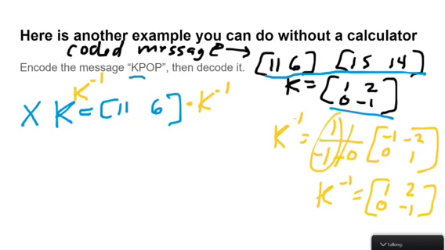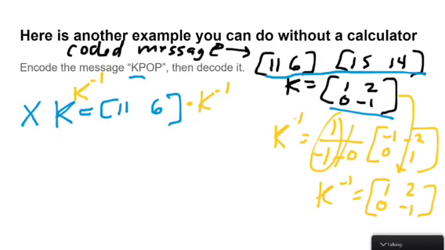So we take this negative 1 and we distribute it. Now that is interesting. I did this randomly, but it looks like the key matrix is the same thing as our inverse. That's not always going to happen, as you saw in the previous example. But let's now use that to decode our matrix.